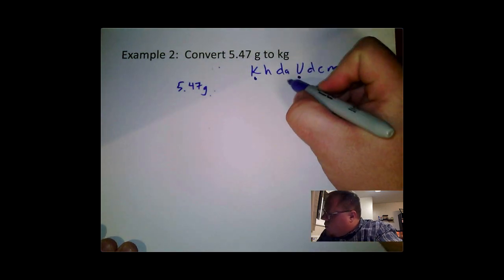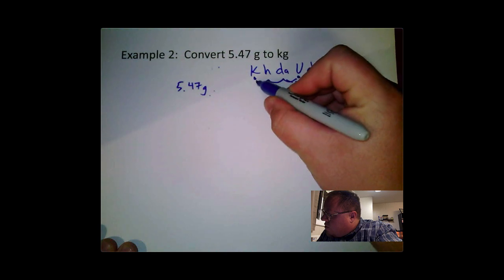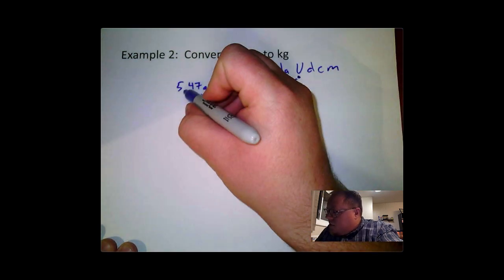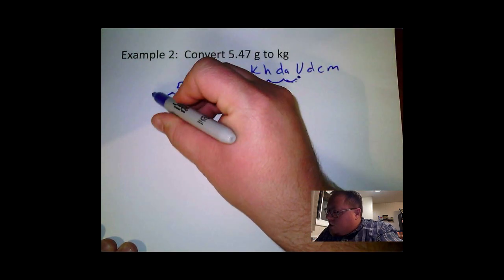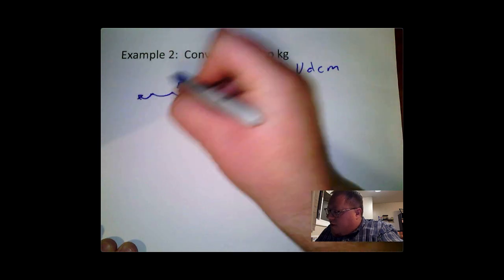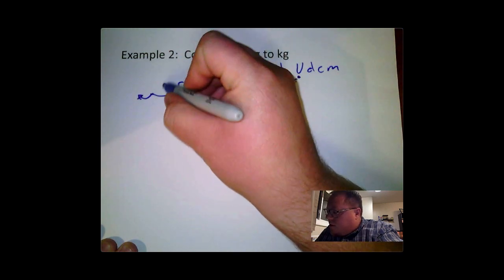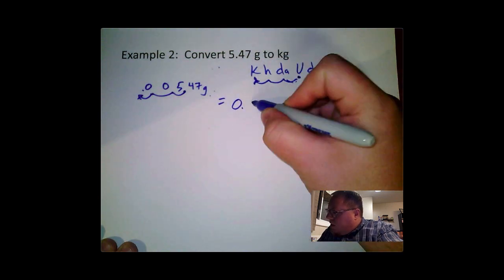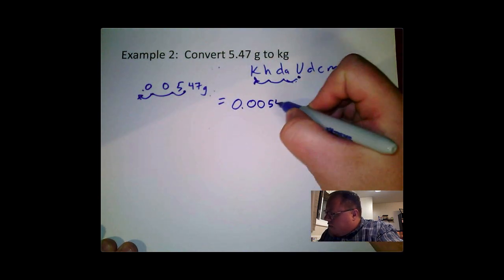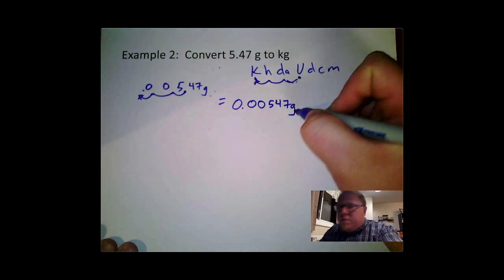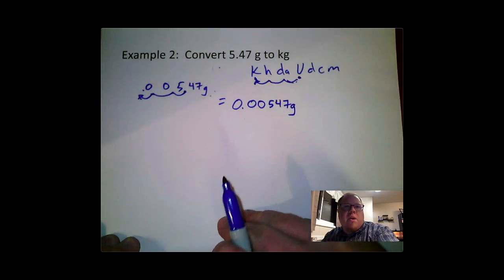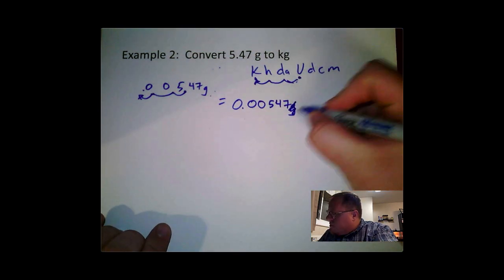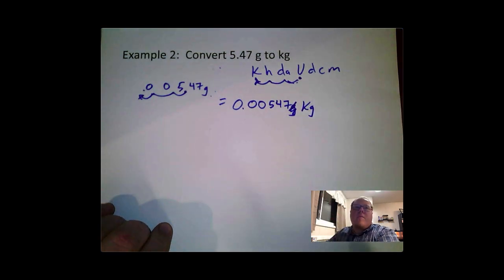So I'm going 1, 2, and 3 steps to the left. So I take this decimal and go 1, 2, 3 steps to the left. So that's 0.00547 kilograms.